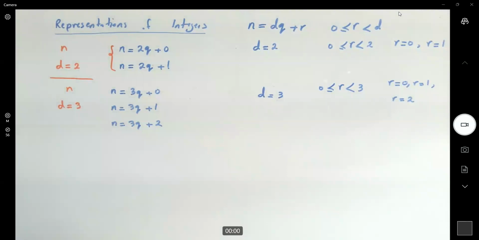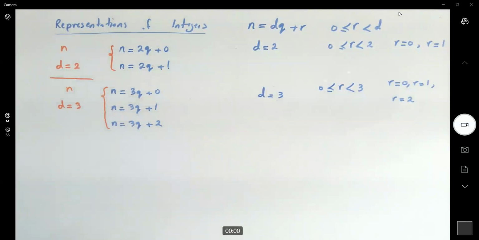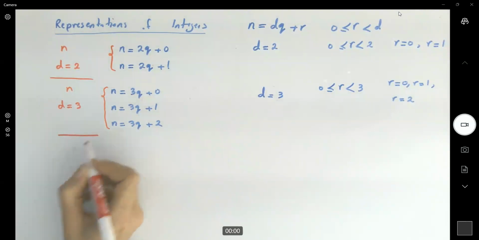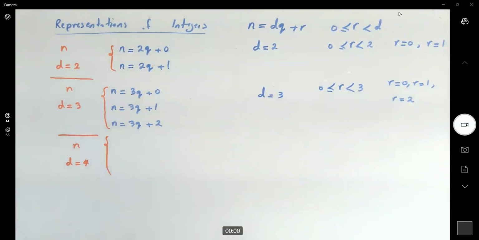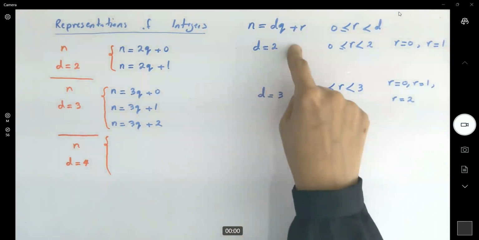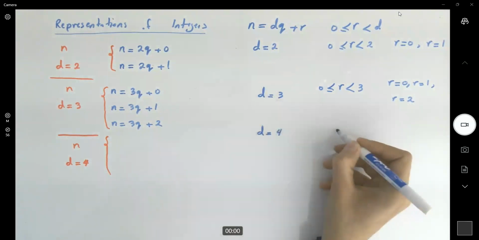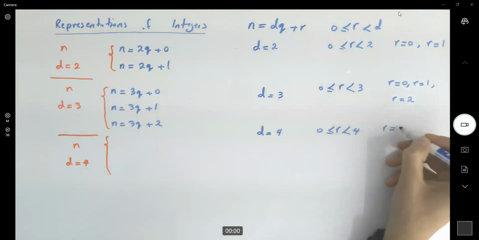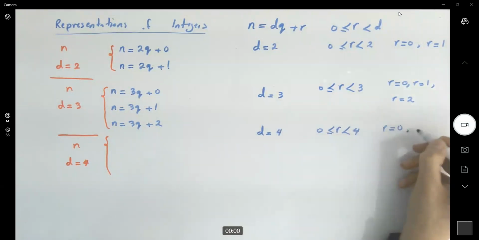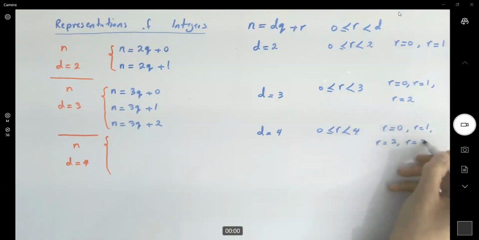Just a simple division. What if I generalize the idea? Now, what if I divide the integer by 4? Again, using the quotient remainder theorem, now your d is equal to 4. So the remainder is bounded between 0 and 4. The remainder can be 0, 1, 2, or 3.